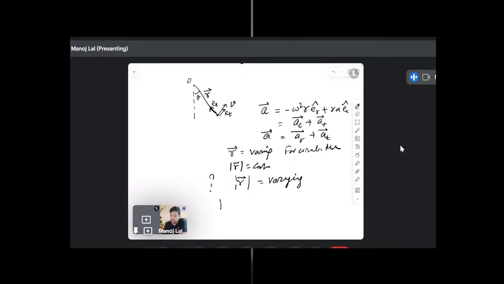When this bead is moving like this and also rotating about this, its radius, the magnitude of R, is also changing. Its angle is obviously changing because of this omega, and the magnitude of R is changing because of this omega. Let me write, say, this is omega dash, the oscillation along the rod.